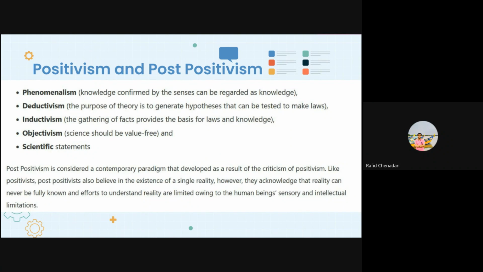And deduction is the opposite. You are coming from a general statement to a very specific case. For example, let's say that all mammals give birth to their children. That is a general statement.